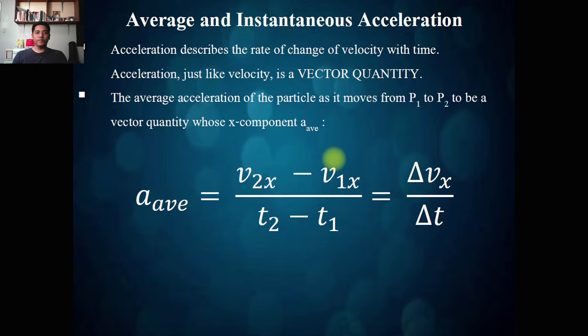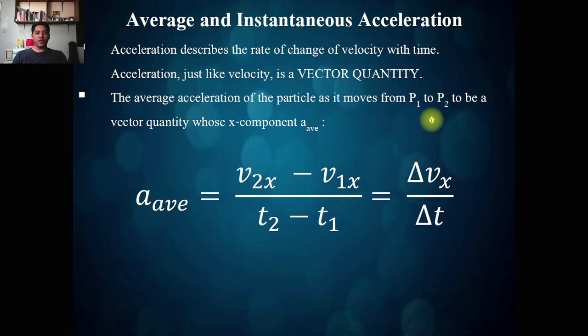So if we have average velocity, we also have average and instantaneous acceleration. Acceleration describes the rate of change of velocity with time. Acceleration, just like velocity, is a vector quantity.